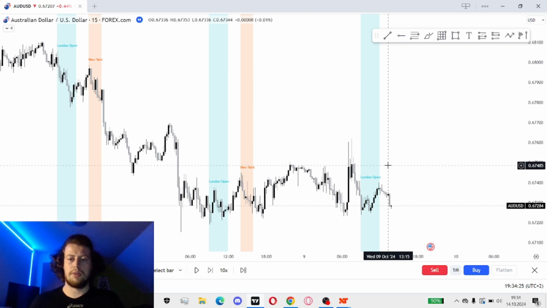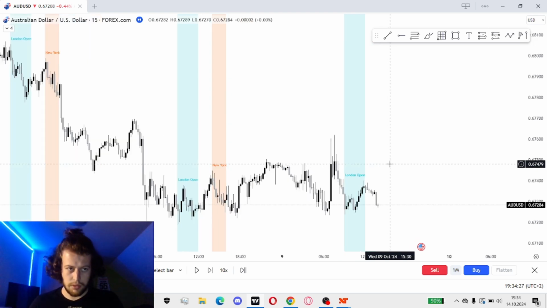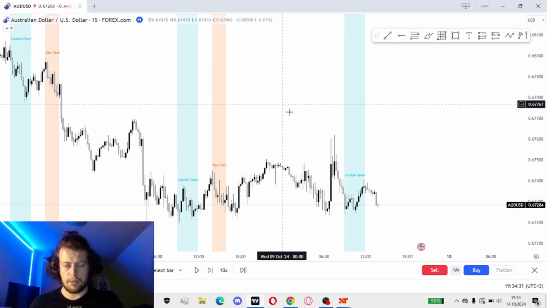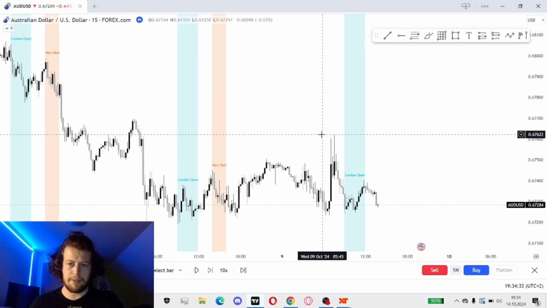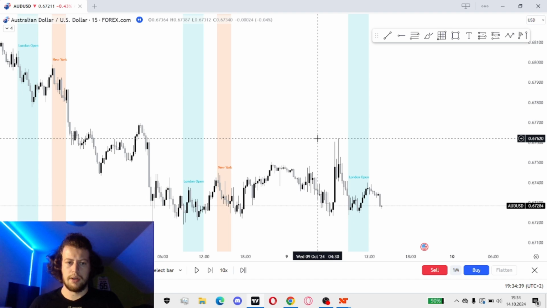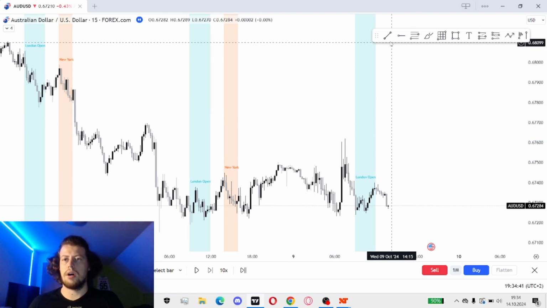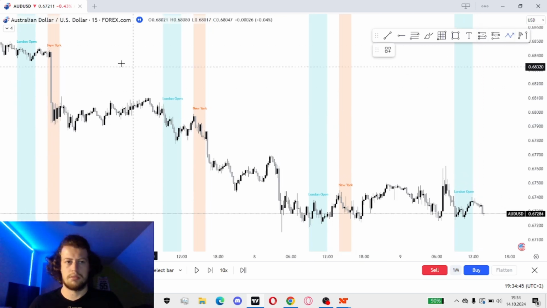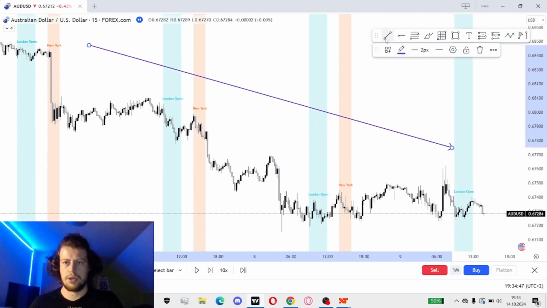So the first trade entry model, you can see that we have Australian dollar. We are on the 15-minute time frame now. I prefer the 5-minute time frame, but it doesn't really matter. So we are in a downtrend. How do we know it? Because we are completely bearish.